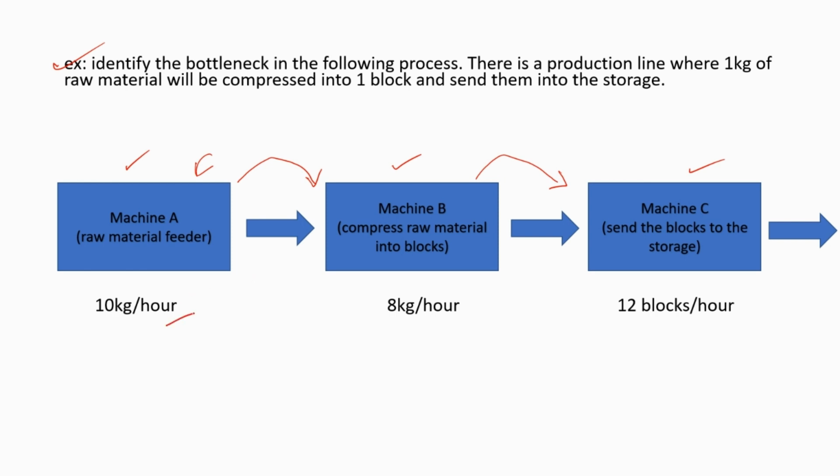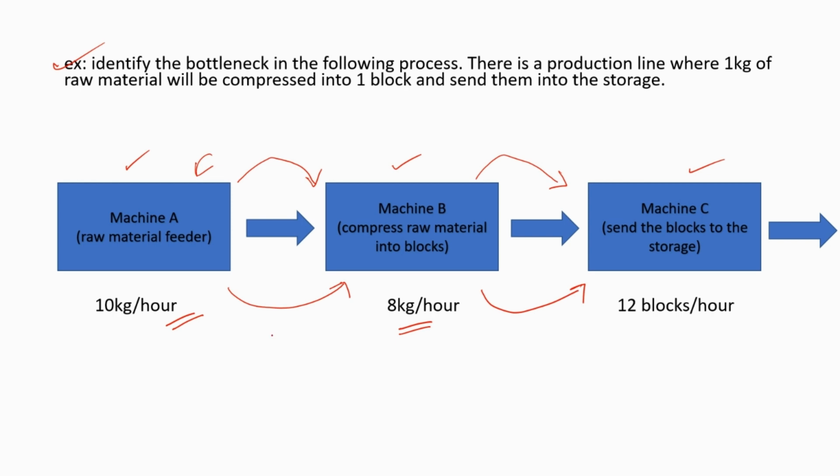Machine A can feed 10 kilograms of raw material to machine B within an hour, and machine B can compress 8 kilograms of raw material into blocks within an hour, and then machine C can move 12 blocks into the storage.